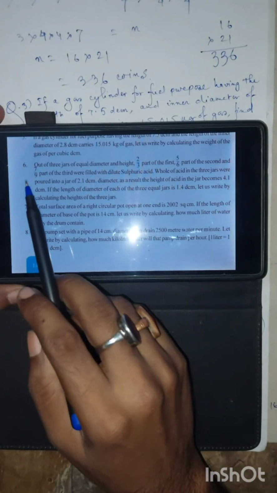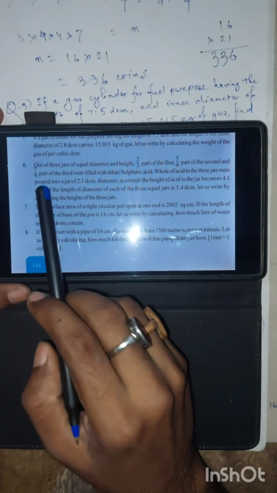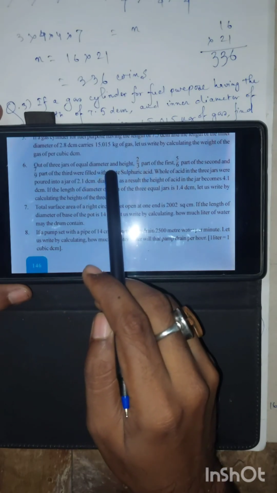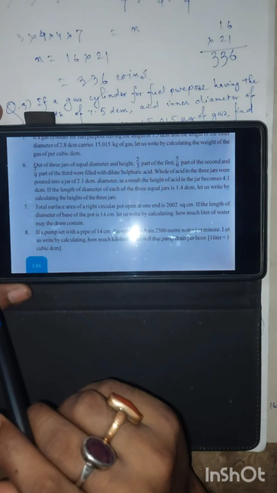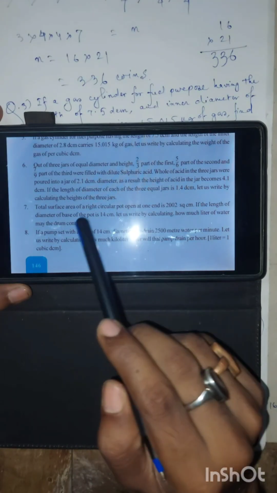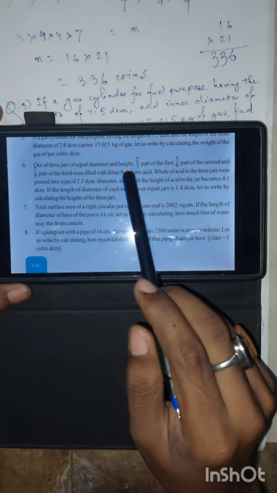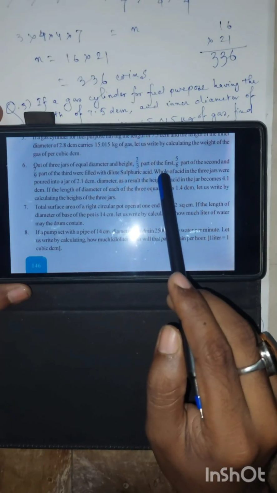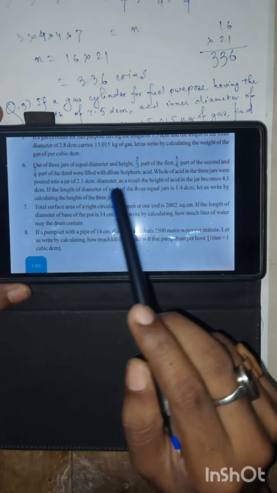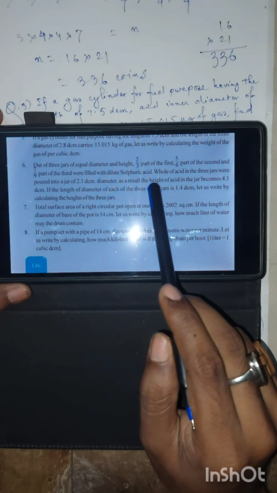Our next question is question number 6, which says: out of three jars of equal diameter and height, 2/3 part of the first, 5/6 part of the second, and 7/9 part of the third were filled with dilute sulfuric acid.